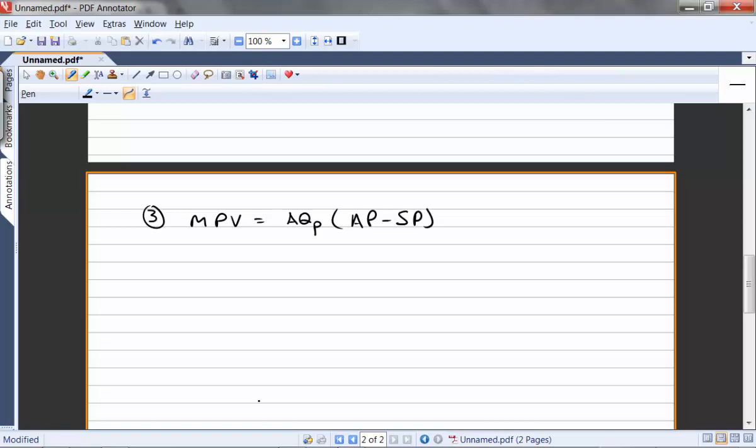This is our materials price variance. It reflects the dollar amount we spent more or less than what we should have spent. If it's negative, then it's favorable. That means we spent less than what we should have. If it's positive, then it's unfavorable. We spent more than what we should have.